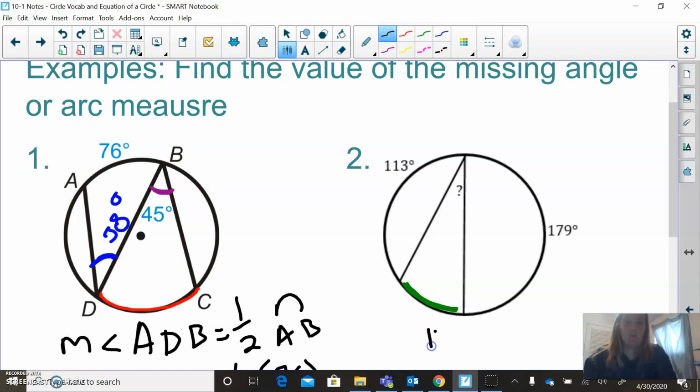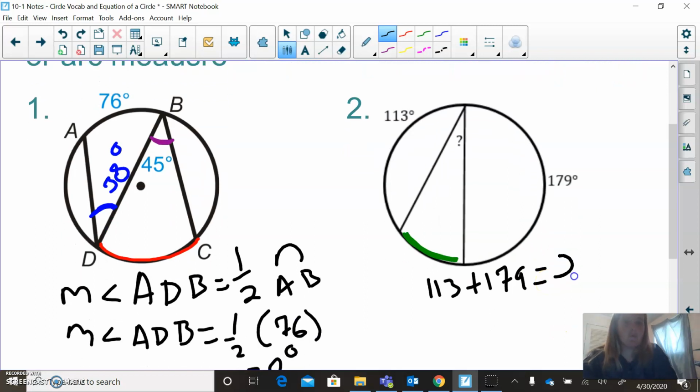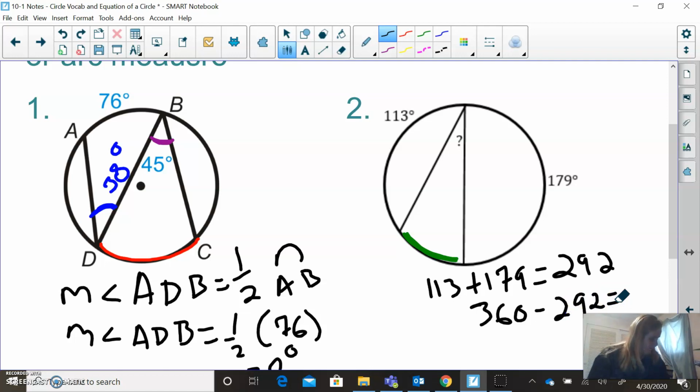So 113 plus 179 is equal to 292. Then we're going to take 360 and subtract out 292, and that is going to give us 68 degrees. So this in green is 68.